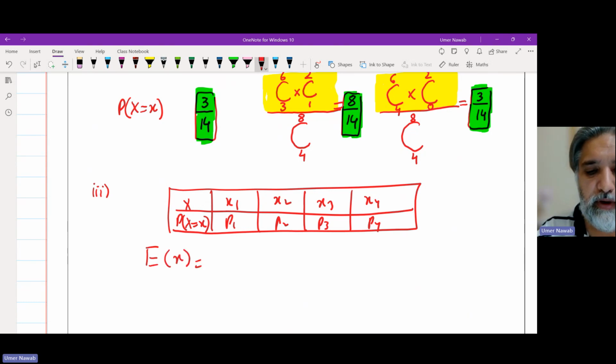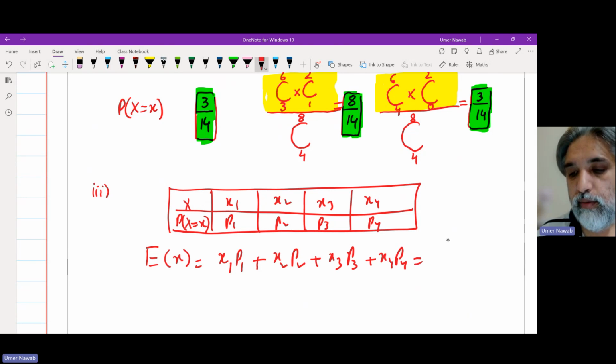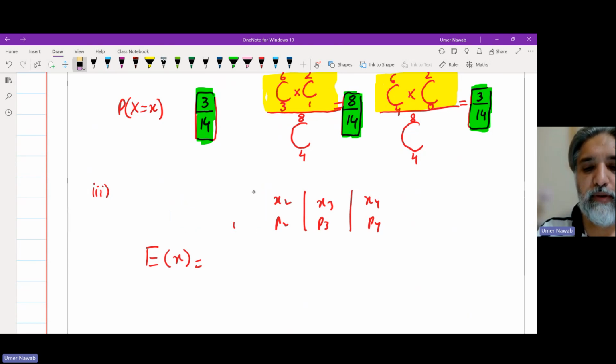The expected value formula, which you also have seen in the MF19 formula sheet, that we need to make the product of the corresponding terms, that is X1 random variable multiply with its corresponding probability, plus X2 P2, plus X3 P3, plus X4 P4, or in other words, we can write it as sigma. Sigma means addition of the product of X and P. Got it? But this thing has been already provided by the examiner, so we need not to worry about it.